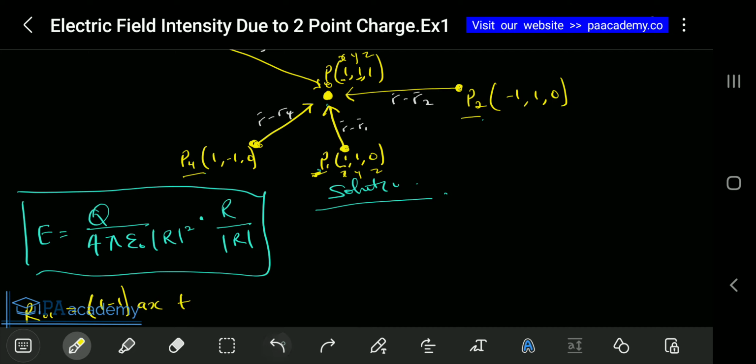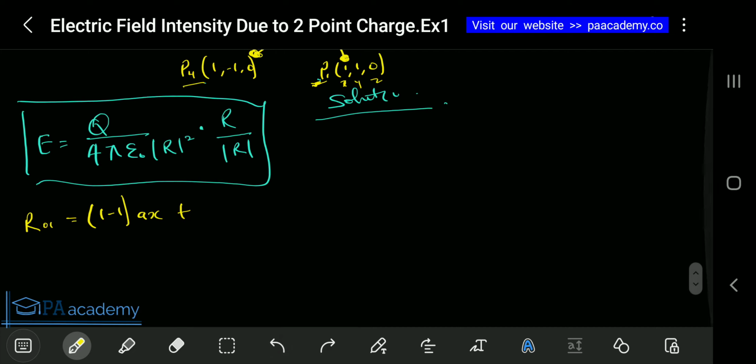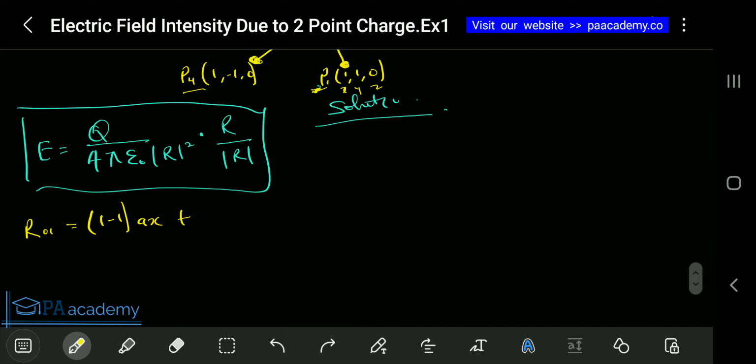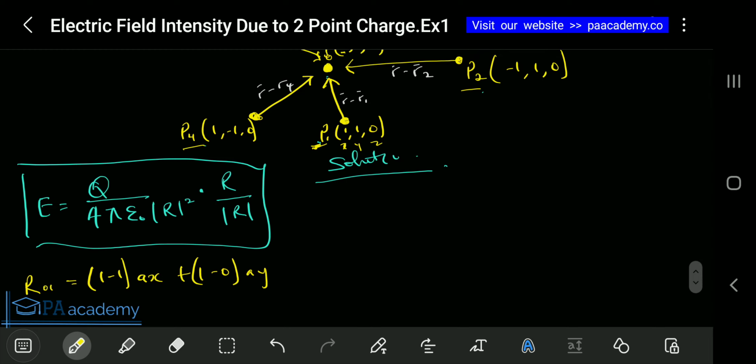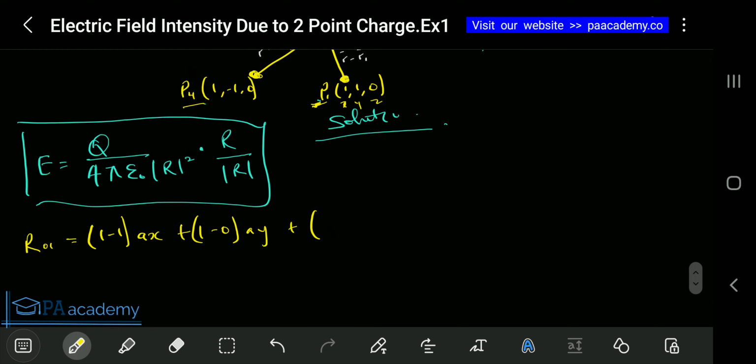I hope you got what I'm doing there. Plus 1 minus 0 AY, plus, okay, that is 1 minus 1, not 1 minus 0. So this is 1 minus 1, then this is 1 minus 0 AZ.